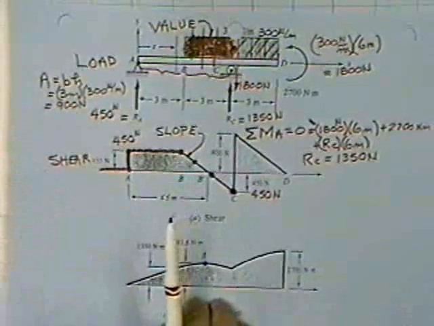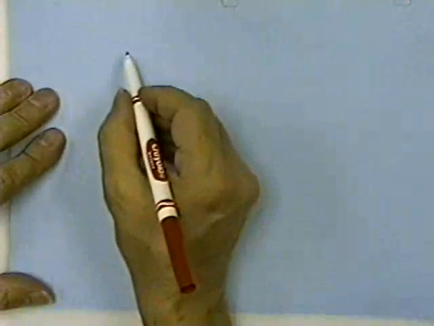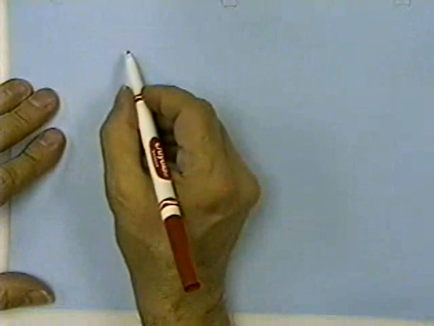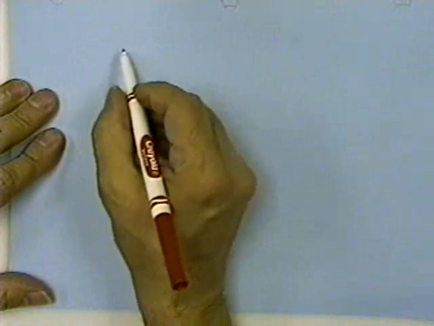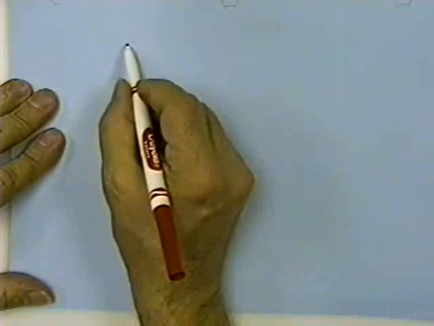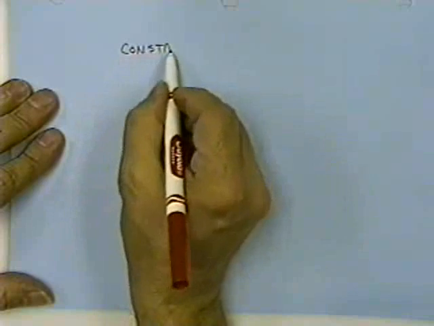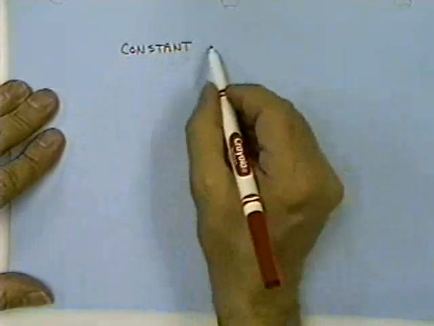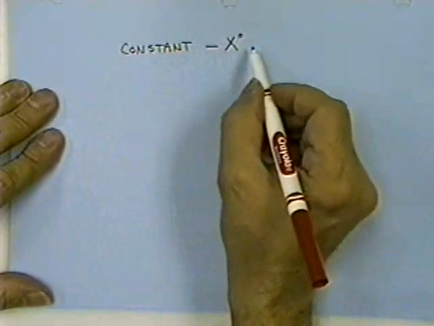Now, I'm going to turn this sheet over just to write something right quick. The mathematician would tell you that these curves stand one integral apart. The method we're actually doing is called a graphical integration technique. But he'd say a constant curve is like an x to the 0 curve.